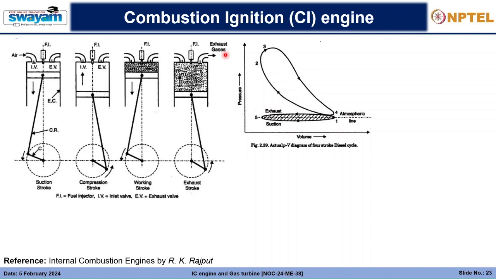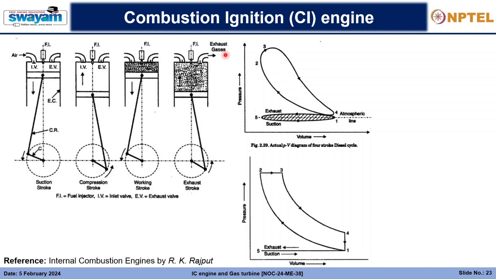So this is the actual PV diagram of a 4-stroke diesel cycle, whereas this is how the theoretical cycle looks, and this is easy to interpret and easy to derive the thermodynamic relations. That's why we will follow this cycle. If we use this cycle with just air, it is still not a closed cycle, since the same amount of gases is not conserved and cyclically used.